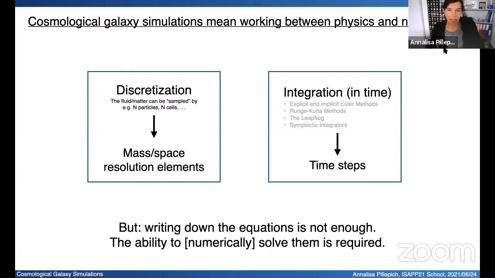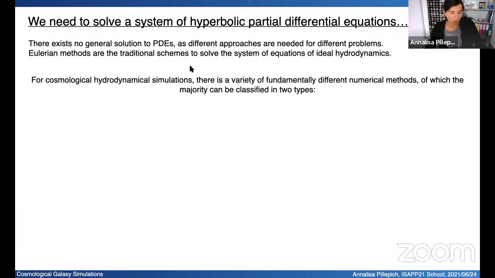Now, I hope you touched upon the integration a little bit this morning in the context of gravity. I wanted to give you some ideas on how typically the discretization part is done in our business. Again, we need to solve a system of hyperbolic partial differential equations. There's no general solution, and there are many different approaches.